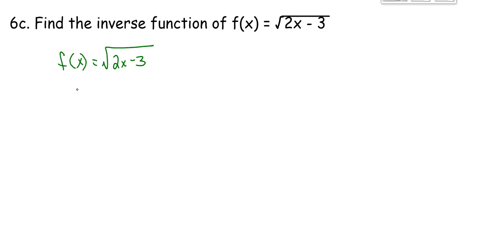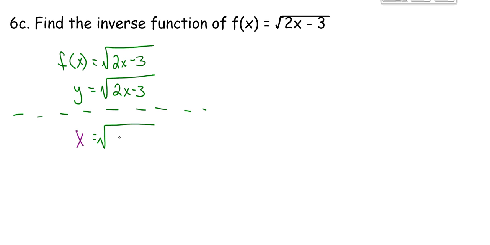So y equals the square root of 2x minus 3. And then I'm going to draw my little dashed line because now I'm going to change it. I'm going to say x equals the square root of 2y minus 3.